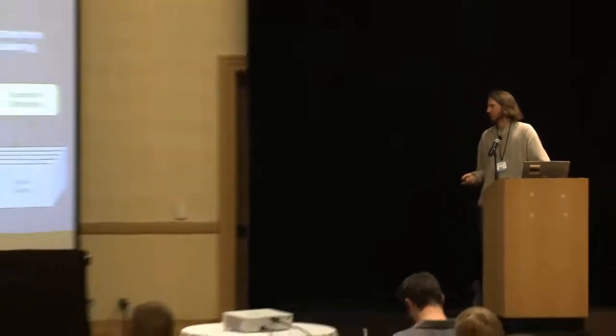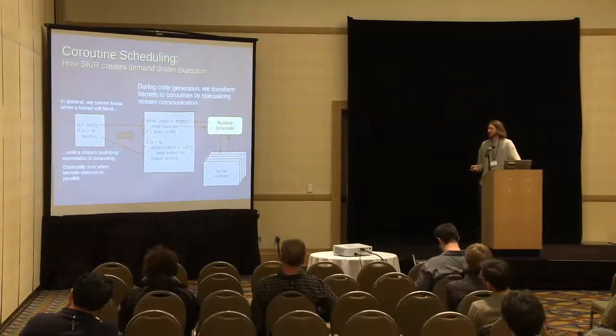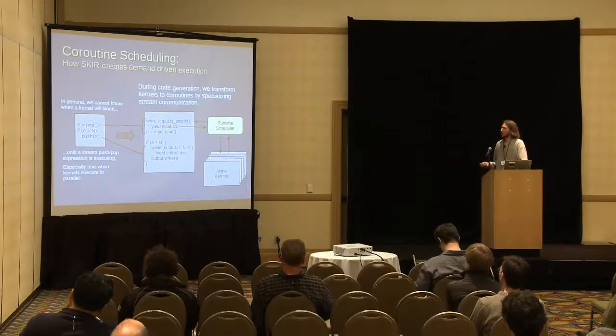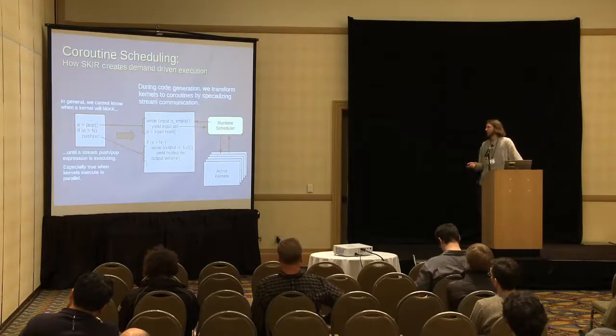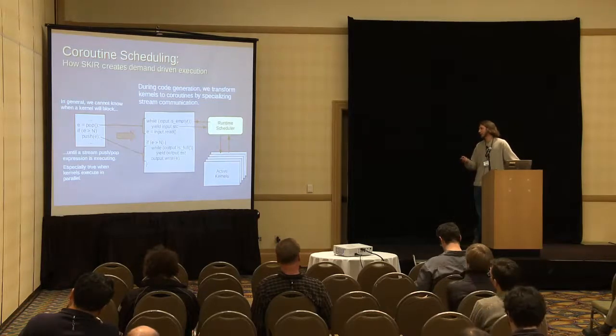So as I mentioned before, we create demand-driven execution by transforming kernels at code generation time into coroutines. So the general problem we have is that for a kernel that has something like this in it, we don't know. So say this is a network processing algorithm, and we're popping a pointer to a packet off of a device.